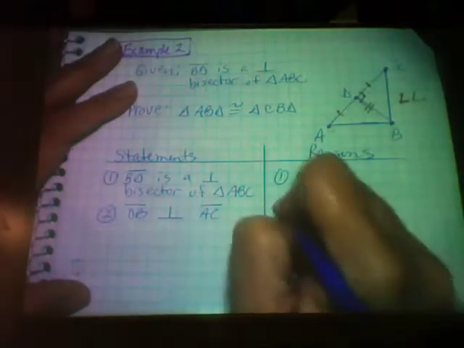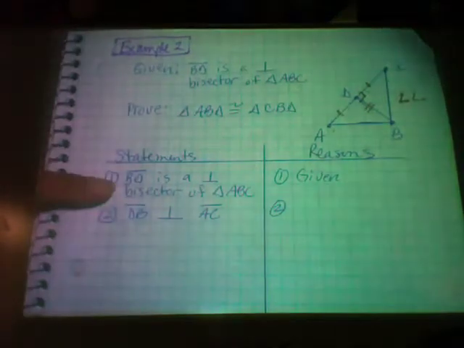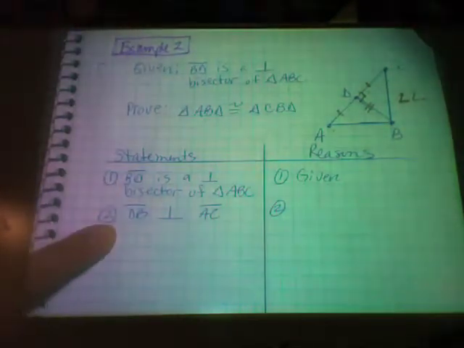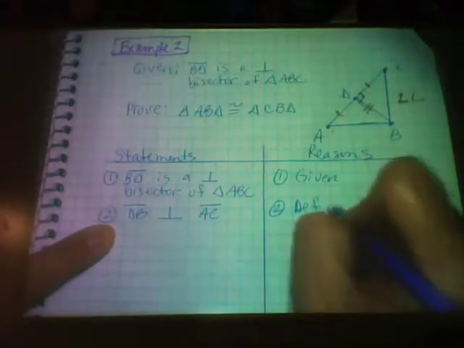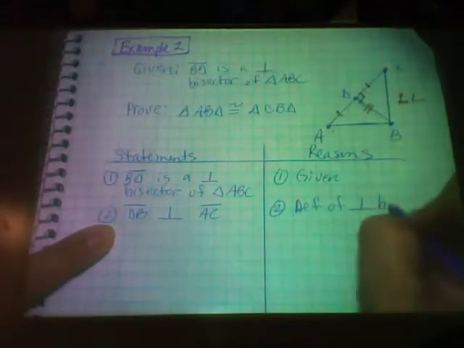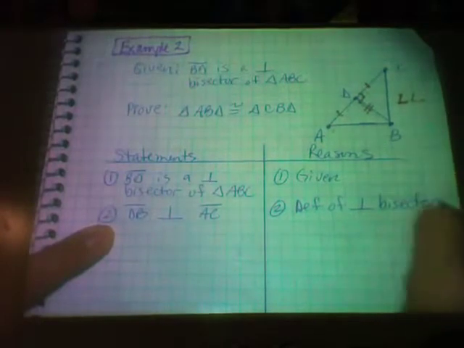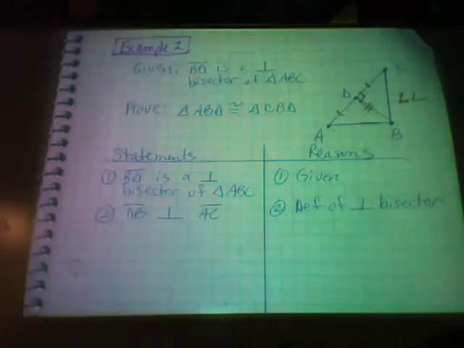Why? How do we know from this statement here that this is true? Definition of perpendicular bisector. You have to have all that. If you just say definition of perpendicular, I think you're talking about lines. If you just say definition of bisector, it could be an angle bisector. So you have to have both.